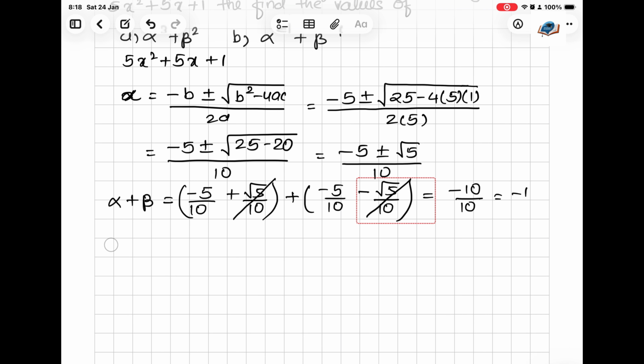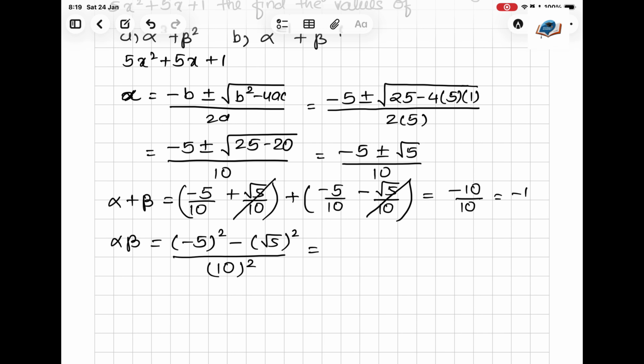Alpha beta will be equal to minus 5 whole square minus root 5 whole square, that is the a minus b whole square formula I have applied, and in the denominator I will have 10 square, that is 100. So that will be 25 minus 5 upon 100, that is 20 upon 100. So the zeros cancel, and I get 1 upon 5.